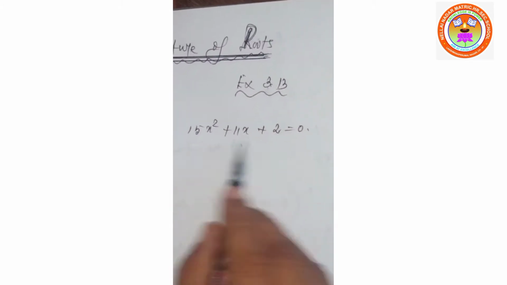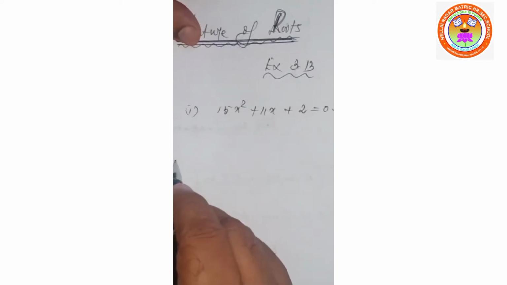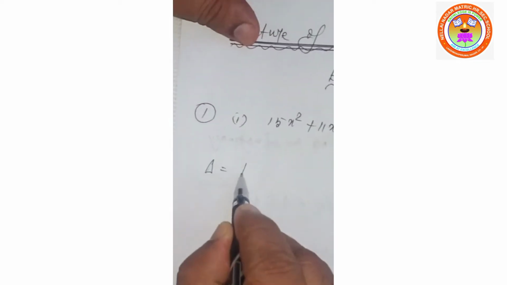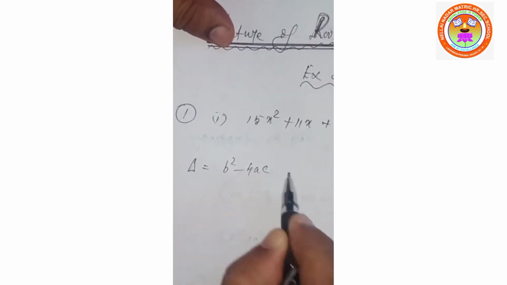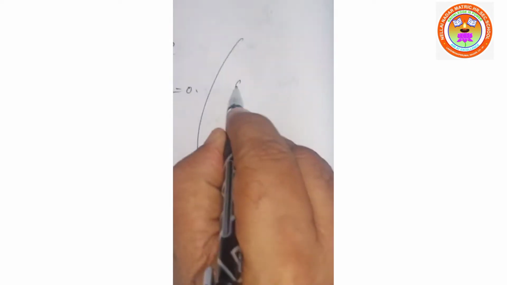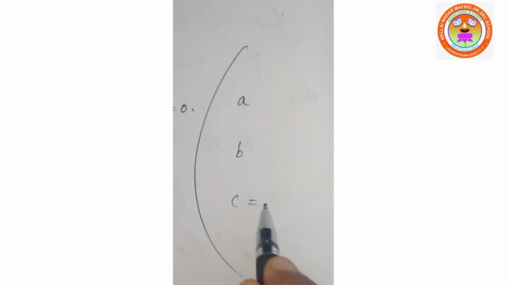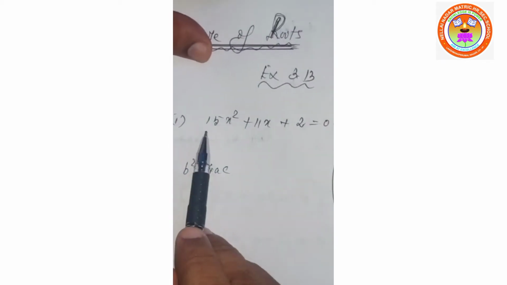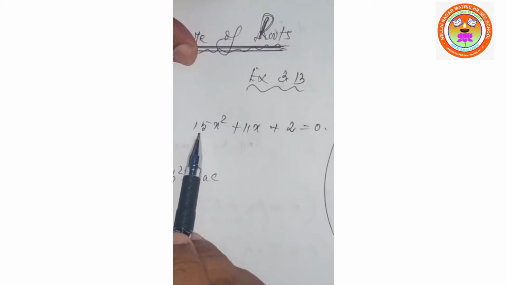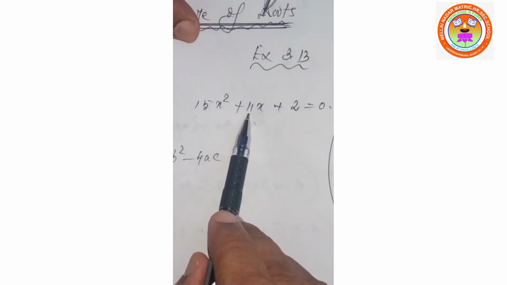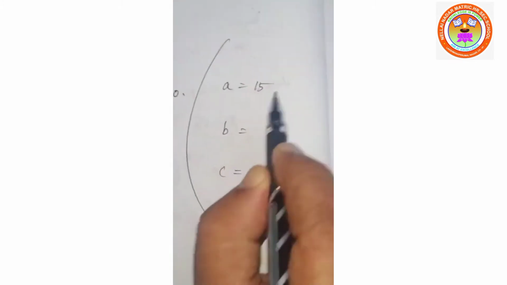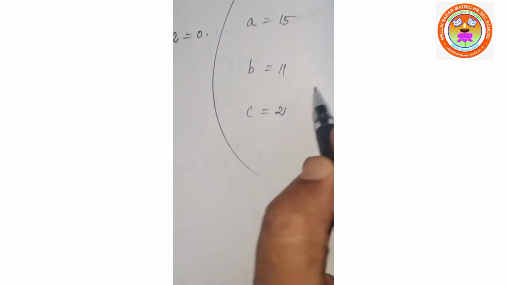To find the nature, you have to find out delta. Delta formula: b squared minus 4ac. You know very well, in the quadratic equation, a is the coefficient of x squared, that is 15. b is the coefficient of x, 11, and the constant is c. So 15, 11 and 2.